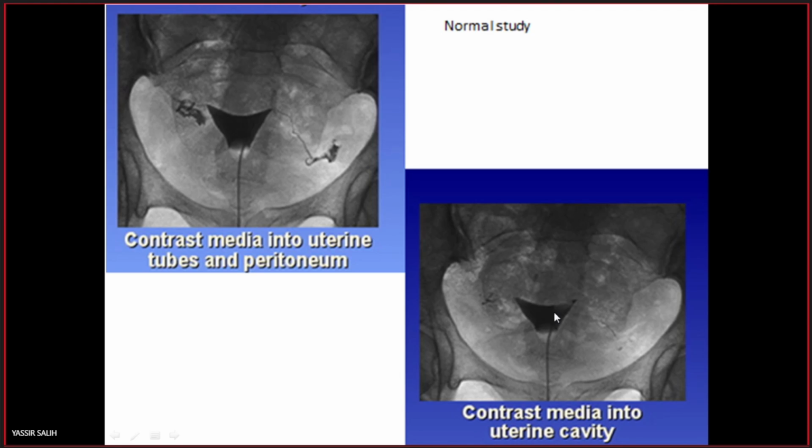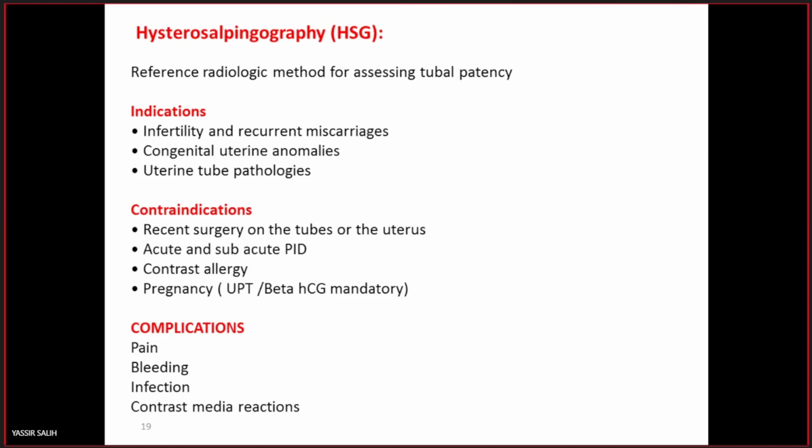Then the contrast first fills the uterine cavity, and next the contrast goes through the fallopian tubes. If these tubes are open, the contrast will be seen clearly in the peritoneal cavity. This is a study of the hysterosalpingogram. So hysterosalpingogram is a radiologic method for assessing tubal patency.